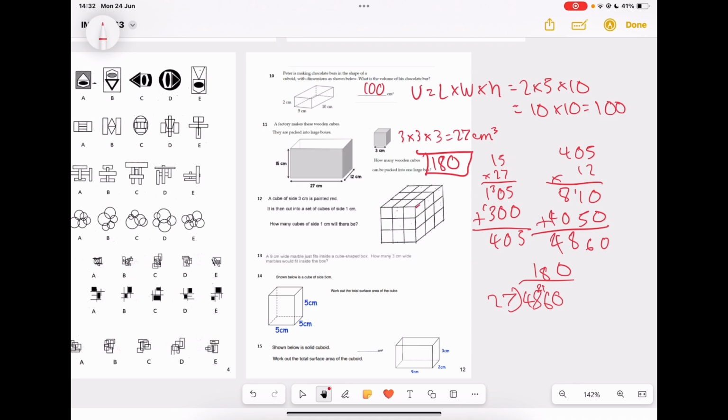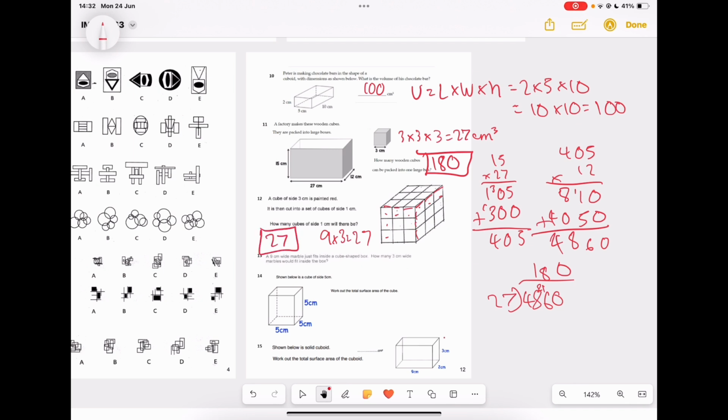Well, here we know that there's 1, 2, 3 centimeters. 1, 2, 3, 1, 2, 3. So we could count, but we know that there's 9 on one face. And then there's 3 faces, so it's going to be 9 times 3, which is 27. So the answer to 12 will be 27.